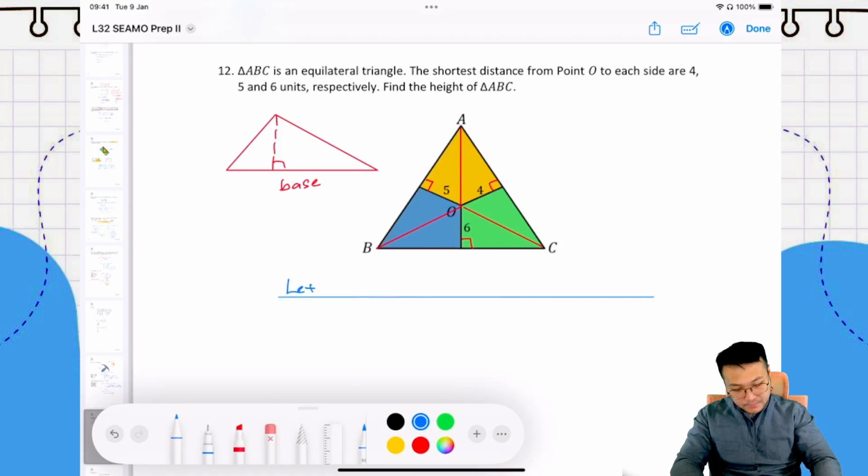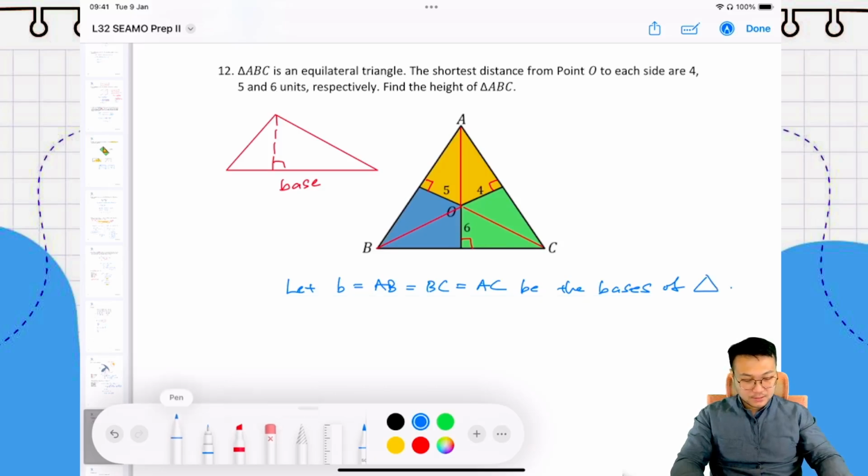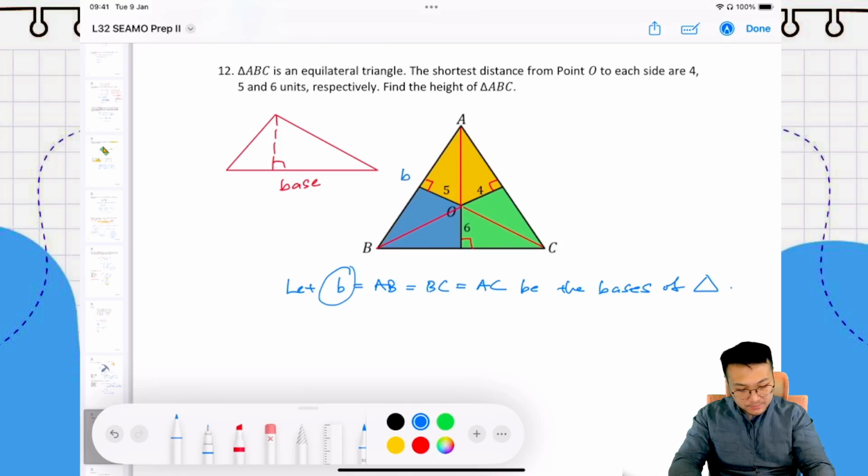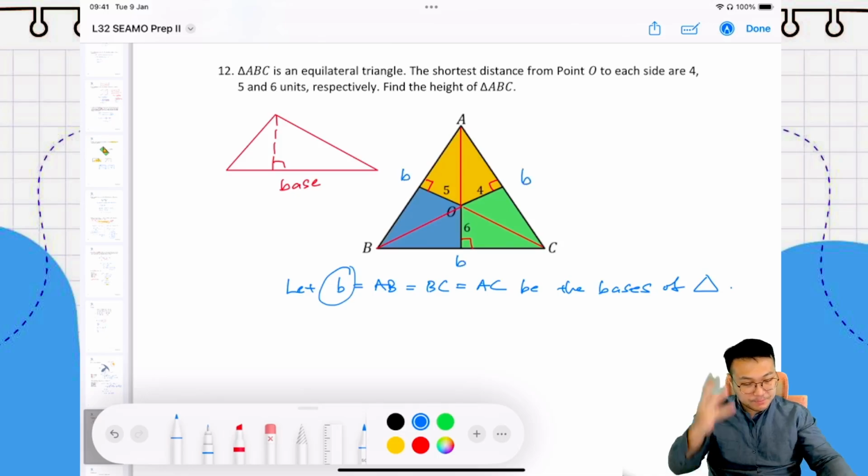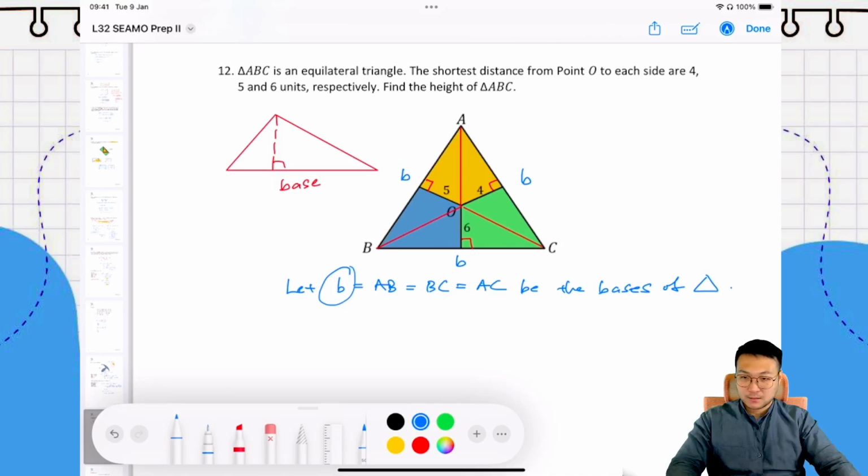Let B equal AB, BC, AC be the bases of the triangles. Okay, we can label it as B. Then it'll be easier for you to do the working. So we can call this B, B, and B, which is the base of all the triangles. Alright, now you can continue.